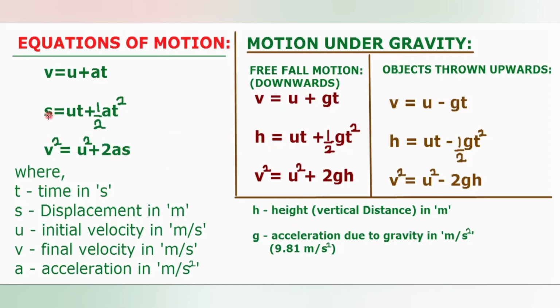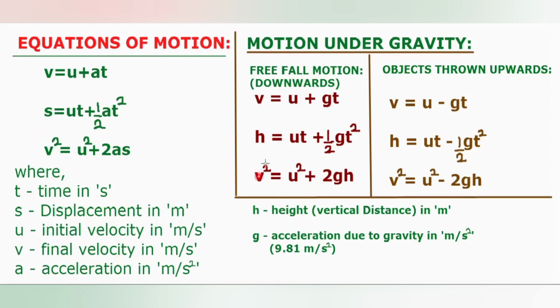So a is replaced with plus g, because the object moves along the direction of gravity, and s is replaced with the vertical distance or height h. The equations are v equals u plus gt, h equals ut plus half gt square, v square equals u square plus 2gh. As usual, the other terms we already discussed.